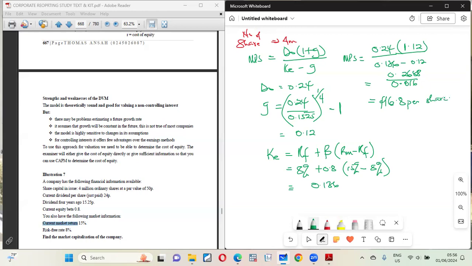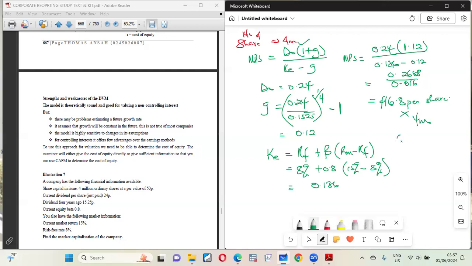Now, since the question said we should find the market capitalization, I told you market capitalization is the number of shares of the company multiplied by the price per share. We know the price per share is 16.8. What is the number of shares they have in issue? 4 million. So if I multiply this by 4 million, I get the total value of the company.